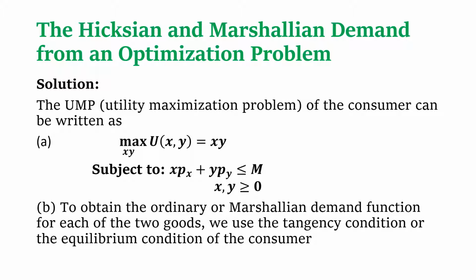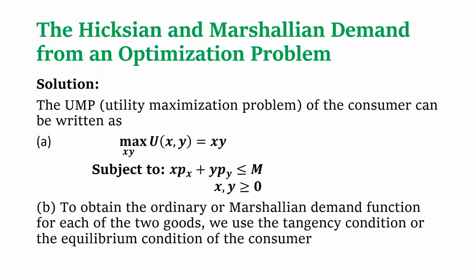100% complete. Now, how do we obtain the ordinary demand function, the Marshallian demand function? For those of you who are well grounded in calculus, you may use the Lagrange multiplier. Use the Lagrangian function, try to get the Lagrangian function.